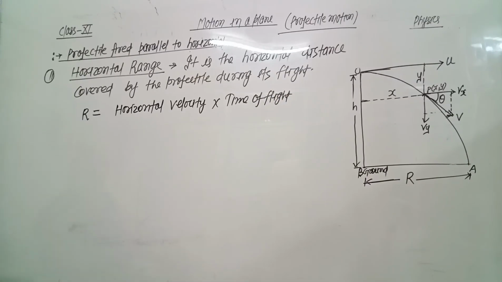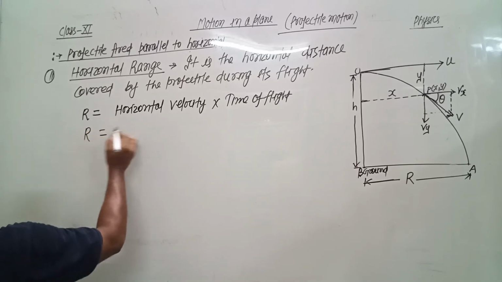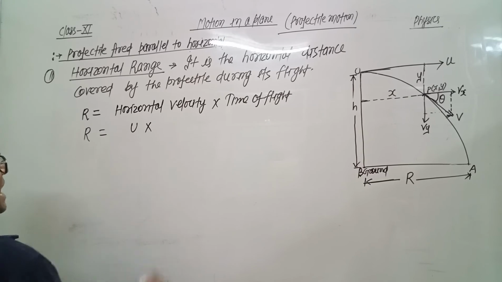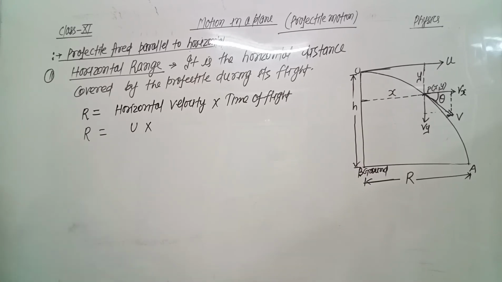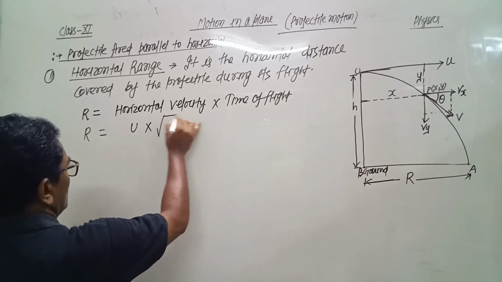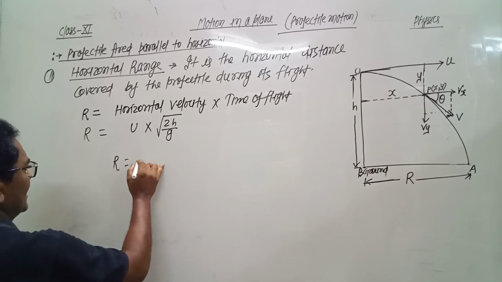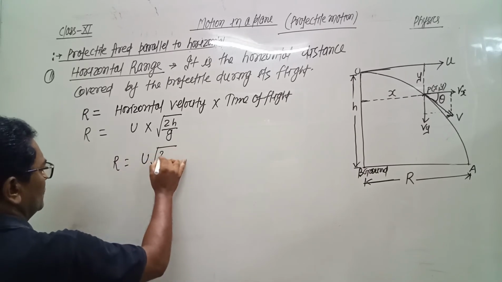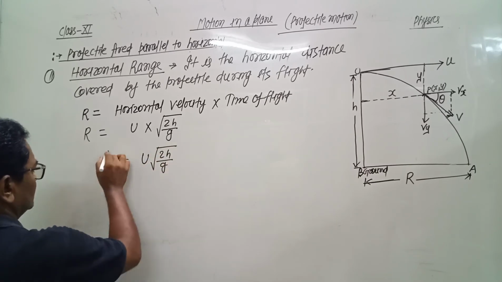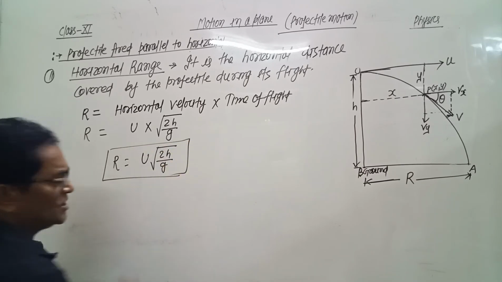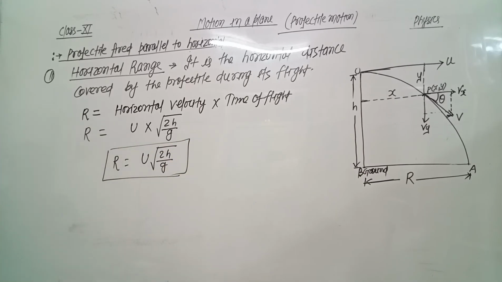Horizontal range R equals horizontal velocity u into time of flight. The time of flight we just calculated is t equals root of 2h by g. So the formula for horizontal range is R equals u root of 2h by g. This formula is used for finding the horizontal range.